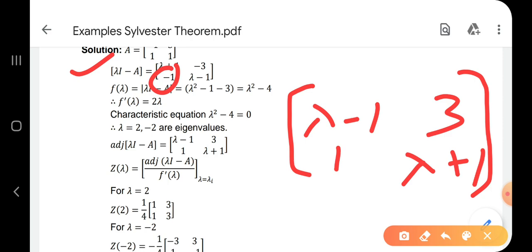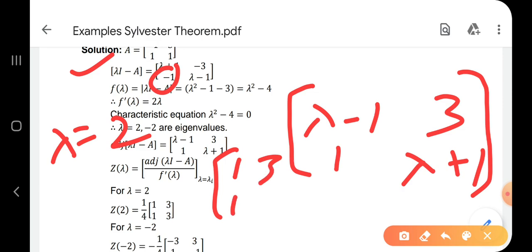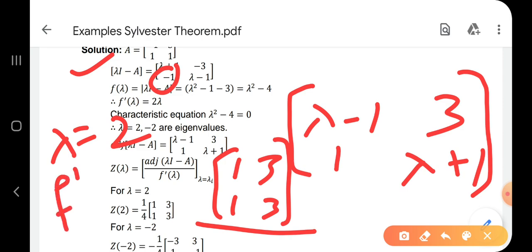Now we have to find the first value. Put lambda equal to 2, from this we have to find z of lambda. Substitute lambda equal to 2. What do I get? 2 minus 1 is 1, 3, 1, and here 3. Getting 1, 3, 1, 3. Correct? So divide it by f dash of 2.